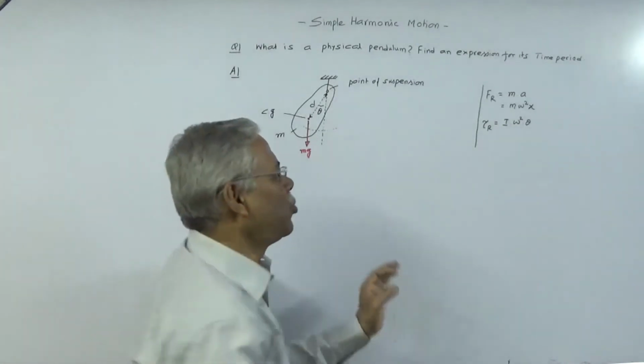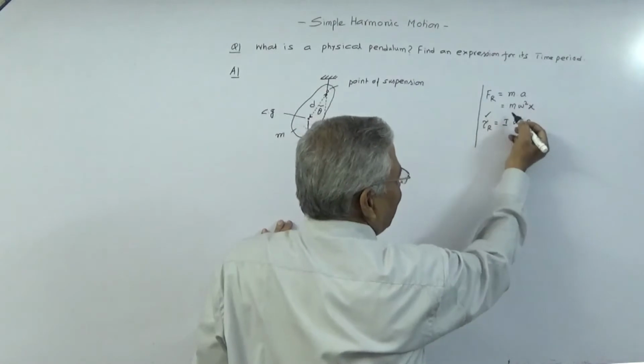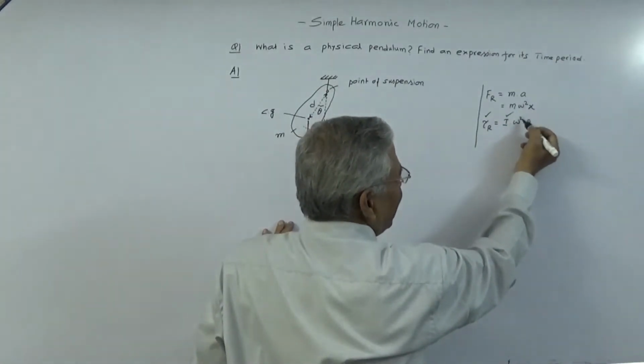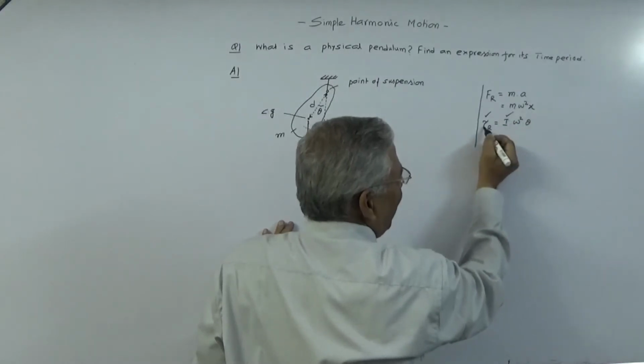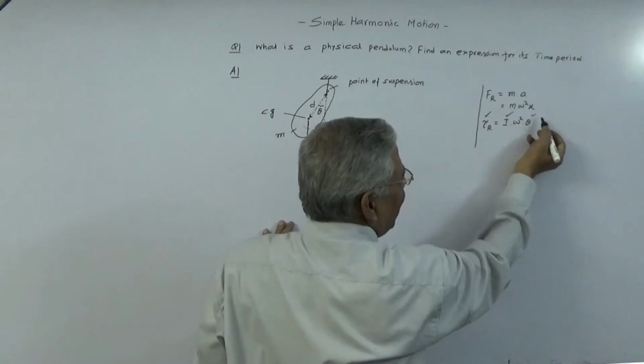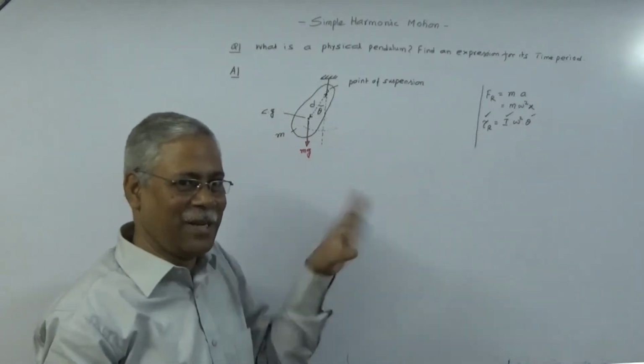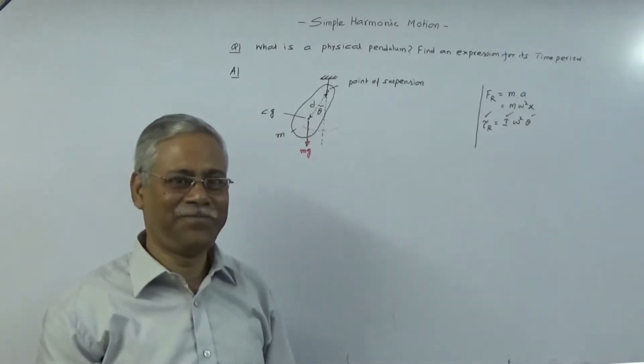So I is known. Tau r you can find, moment of inertia is known, theta. So tau r equals I omega square theta. From this expression, you will see that theta on the right hand side and another theta on the left hand side will cancel, and you will get omega.